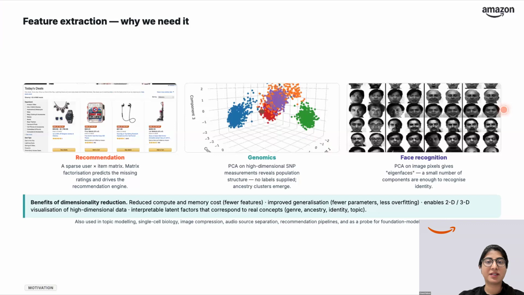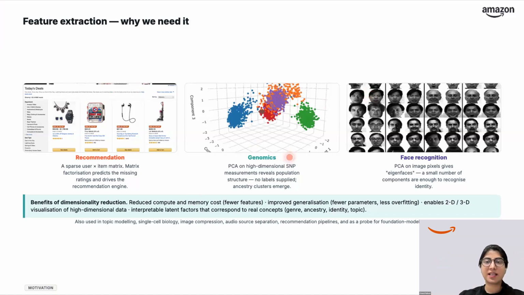Then we have the face recognition problem. Suppose you have a lot of face images, and every image is 64 cross 64 pixels. Now, if you make this a matrix, one of your columns will contain all the face image pixel data, which is 64 times 64, and you have n such columns for all these faces.